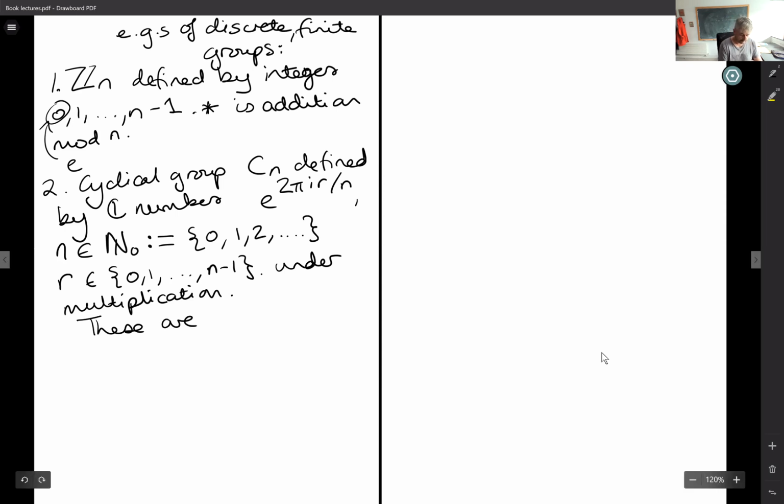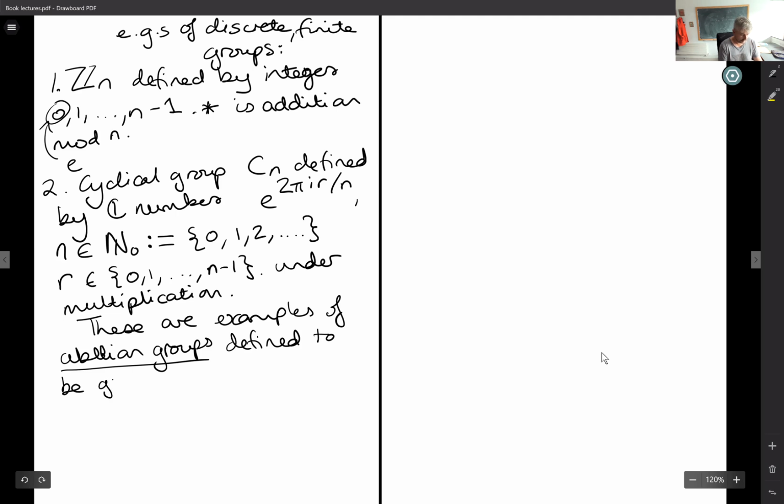So these are examples of abelian groups, defined to be groups in which Gi Gj is equal to Gj Gi for all Gi, Gj in the group.